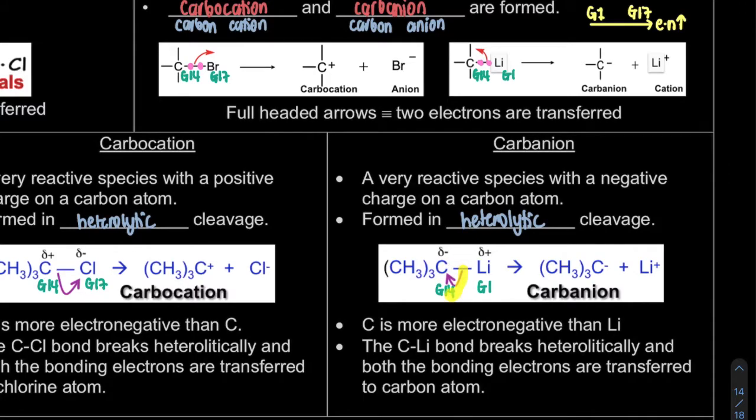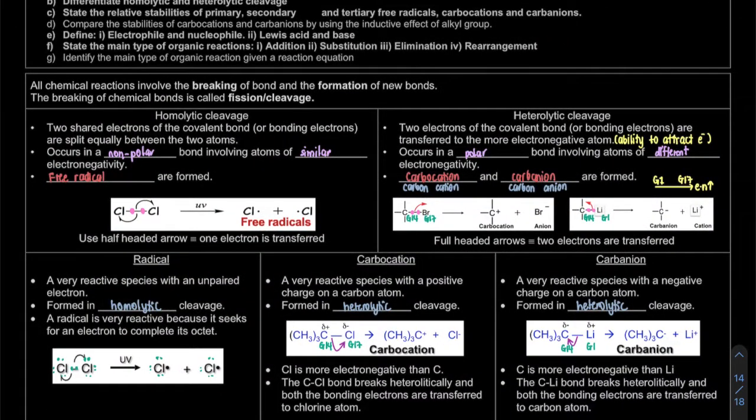Once the carbon accepts the electron, it becomes negatively charged, so that's why we call it a carbanion. So those are the reaction intermediates. We have the radical, the carbocation, which is a positive carbon, and the carbanion, a negative carbon.